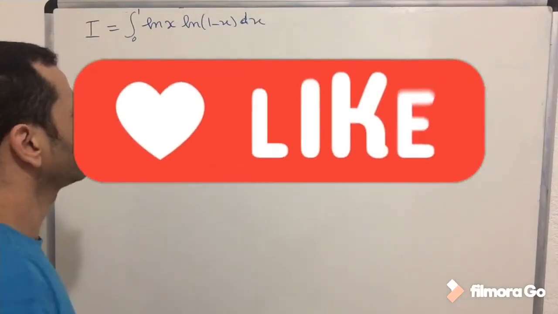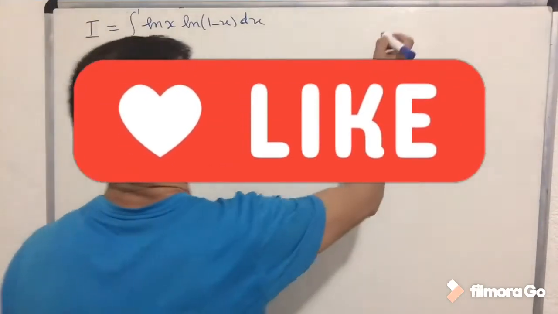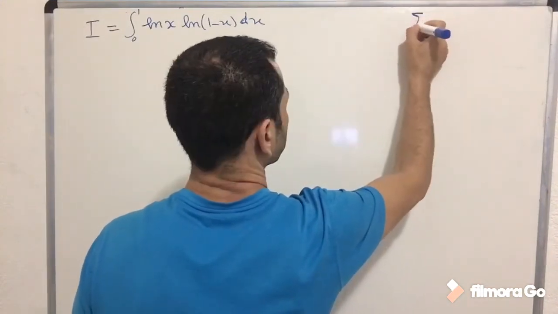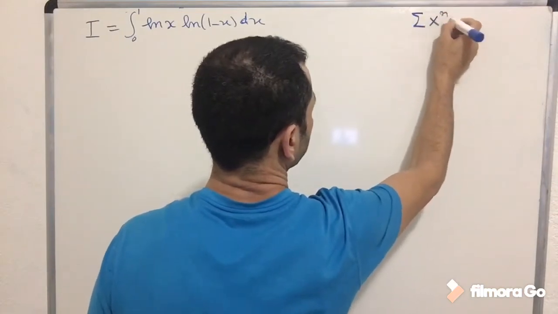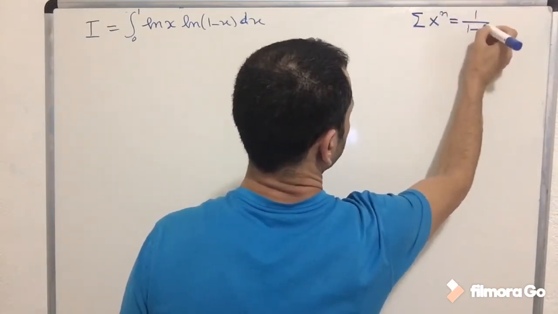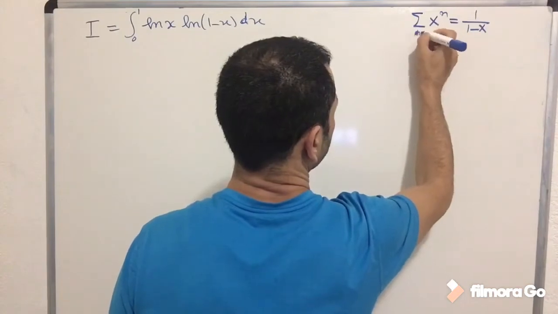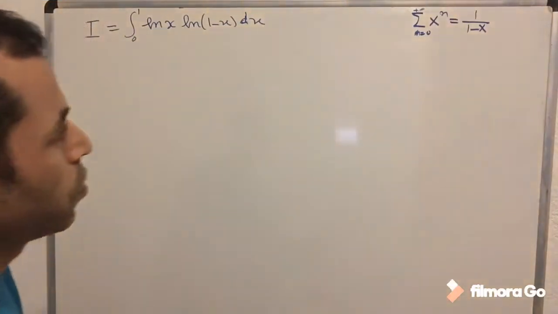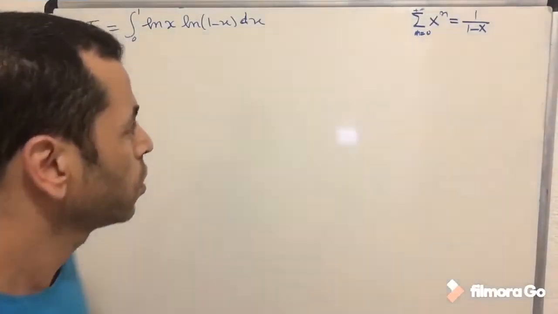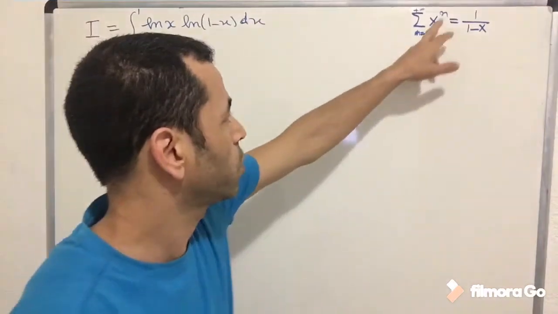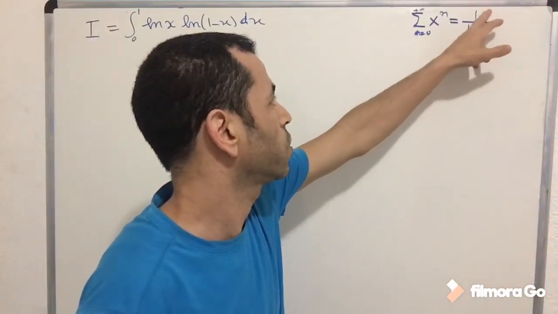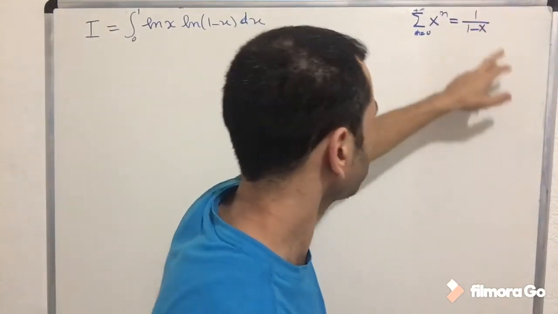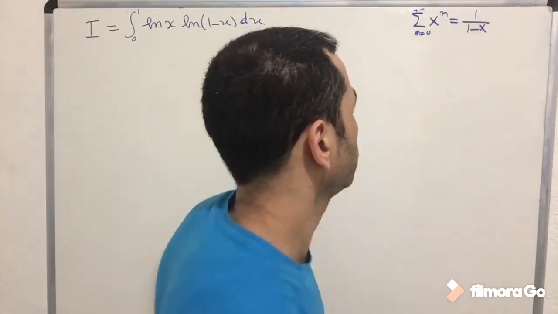So we will put this as a form of the sum of x to the n from 0 to infinity, equal to 1 minus x to the power of n plus 1 over 1 minus x, but x to the n plus 1 will go to 0.